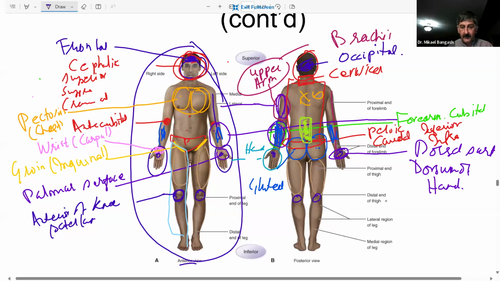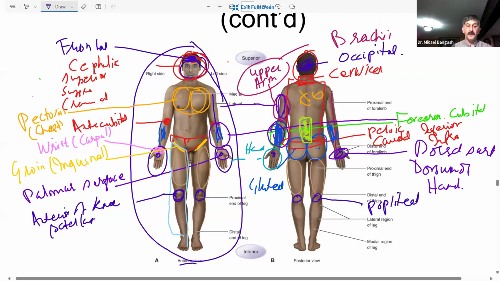The back side of the knee, or posterior side of the knee, is going to be the popliteal.